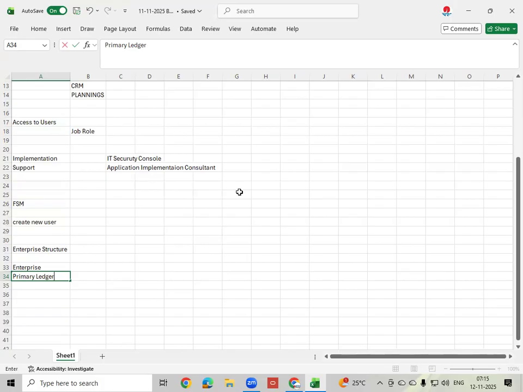Based on that only, we'll prepare the profit and loss. What is the profit? What is the loss? And the balance sheet: the list of the assets, the list of the liabilities. All of this is created based on this financial information only. This kind of information is centralized in the primary ledger.